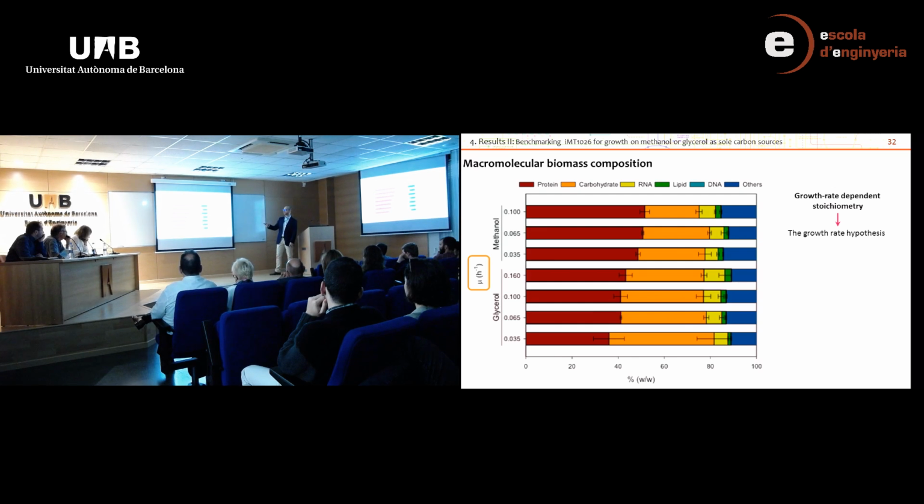If you look into the protein and RNA fraction, we can see that they correlate with growth rate. So at higher growth rates, we observe, both for glycerol and methanol, higher protein and RNA fractions. This can be explained by the growth rate hypothesis, which basically says that when cells are growing at higher growth rates, they need more cell machinery.